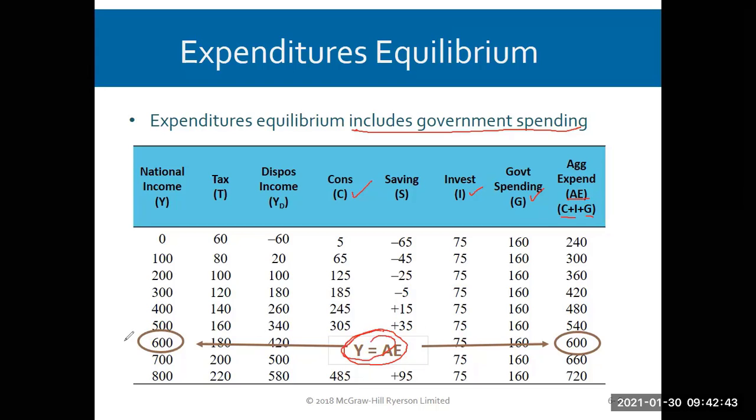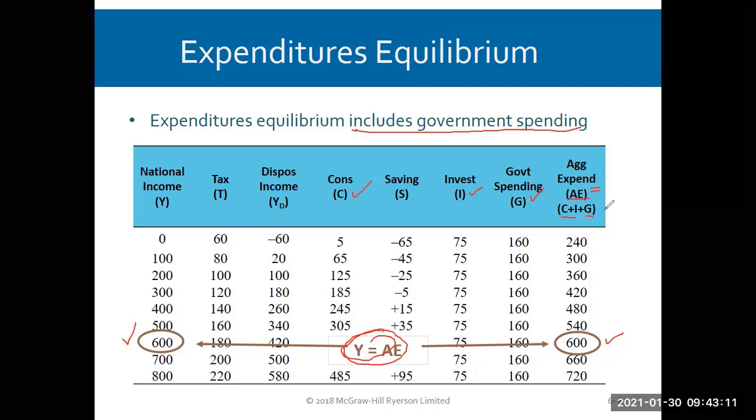It happens to be at a higher level of expenditure equilibrium at 600, but you see that the concept is exactly the same as our simple model. We just added government spending now, so it just changed it by a little bit. If we were to draw the lines on a graph, it would look exactly the same as what we did before, only the AE line would be including government spending, so it would be in a different position on the graph.